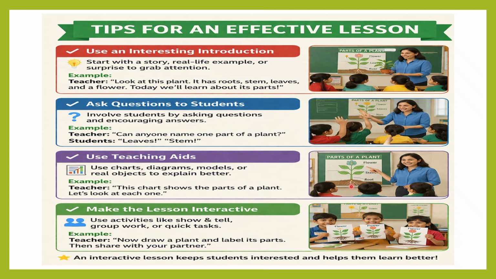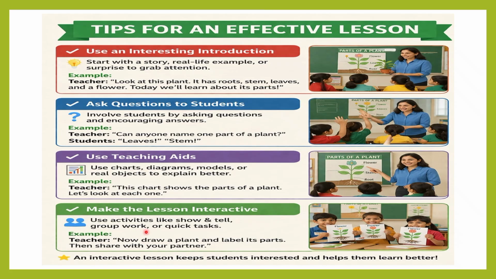So you can use charts, you can use a real plant also, one flowering pot you can bring in the class and show in the classroom, or you can take the children to the garden and show them a nature walk. So this is how you can use real examples, real life experience you can give to the students to make your lesson more interactive and effective.